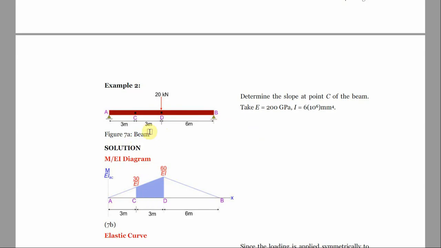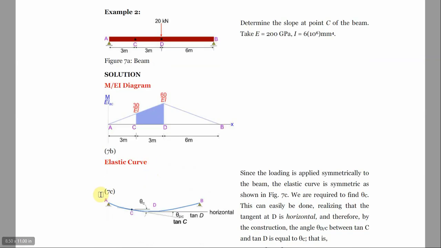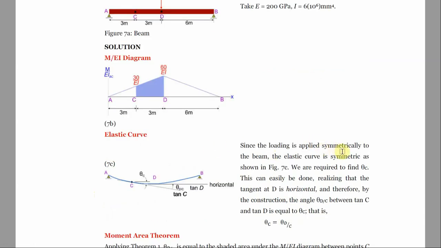We want to determine the slope at c, the slope at this particular point c. In the diagram here, we have the tangent at c and the tangent at d. Since the loading is applied symmetrically to the beam, the elastic curve is symmetric as shown here, and we are required to find the slope at c.